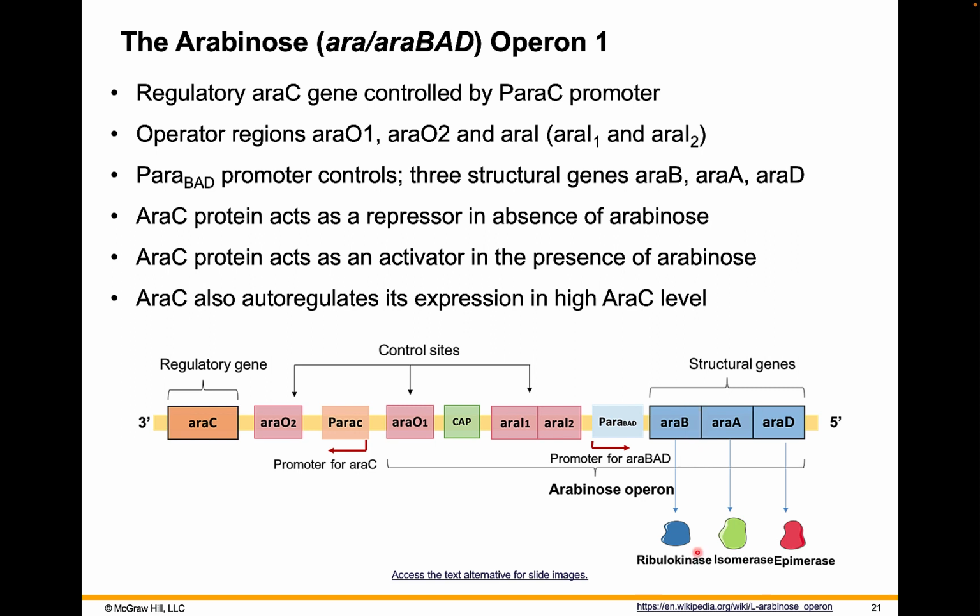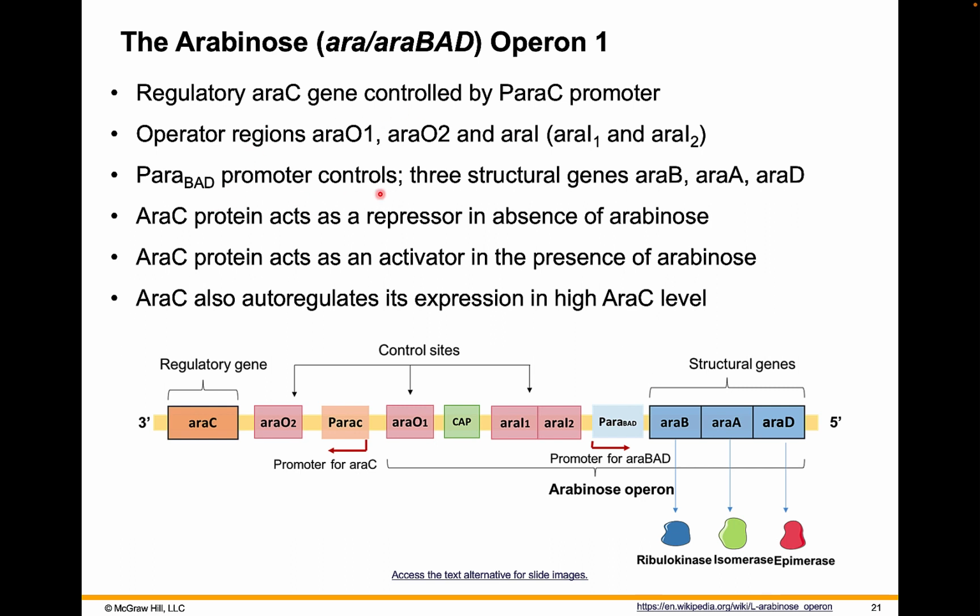Then you have the structural genes for the arabinose operon. The first one is araB, that produces ribulokinase. araA produces an isomerase, and then araD, which is a kind of an isomerase known as an epimerase. Essentially, these enzymes convert arabinose to xylulose 5-phosphate, which takes part in the pentose phosphate pathway.